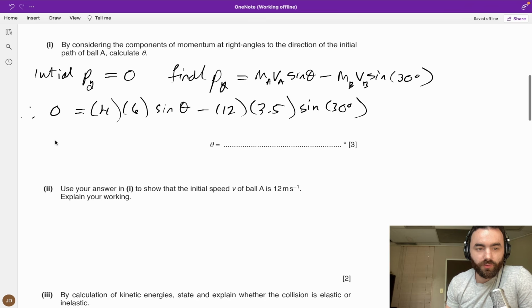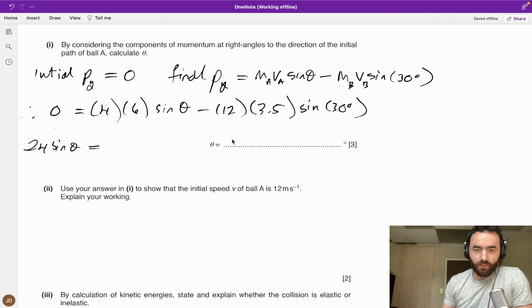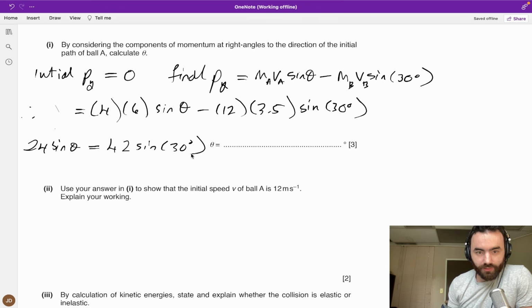Okay, so we can take this over and we'll get 4 times 6 sine theta equals 12 times 3.5 times sine 30 degrees, so this gives us 42 sine 30 degrees. Okay, so we can divide through by 24. And therefore, theta will just equal the inverse sine of 42 times sine 30 divided by 24.